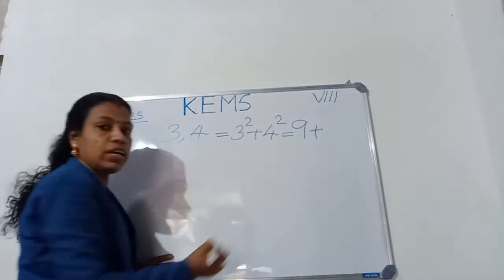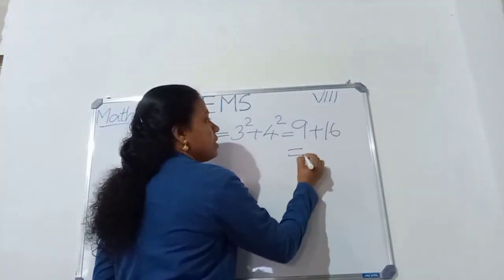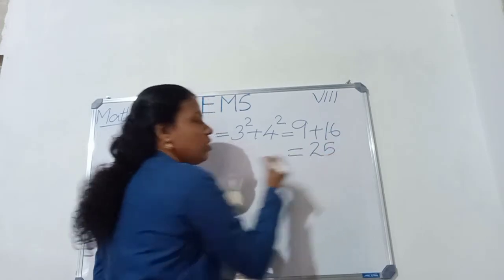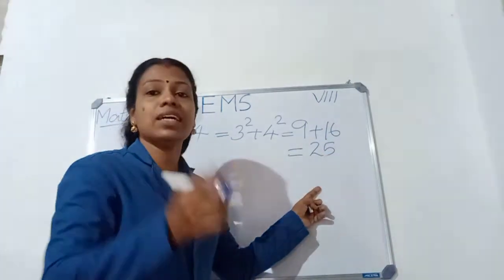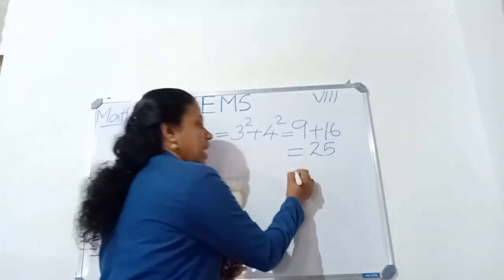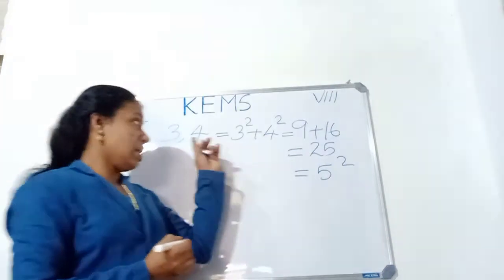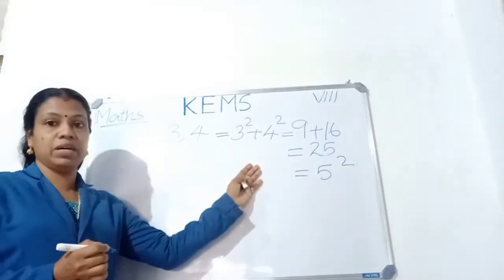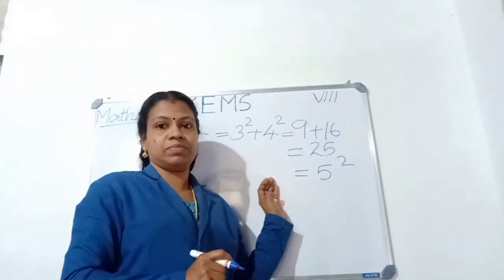Then 4 square is equal to 16. So what is 9 plus 16? It is equal to 25. 25 is another square number. We can write this as 5 square. So the sum of the squares of 2 numbers is equal to the square of another number.